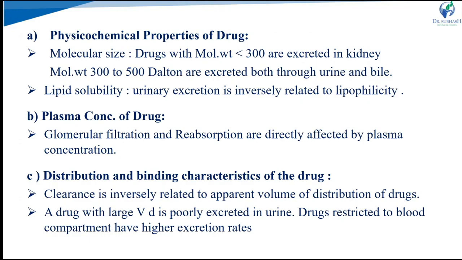Only small molecular weight and water soluble compounds filter easily through the glomerulus. Drugs with molecular weight less than 300 Daltons are easily excreted through the kidney. Molecular weight between 300 and 500 Daltons is excreted through urine as well as through bile. More than 500 is less excreted through the renal parts.